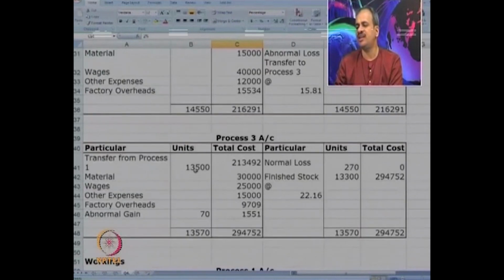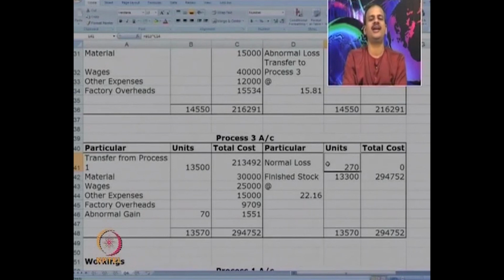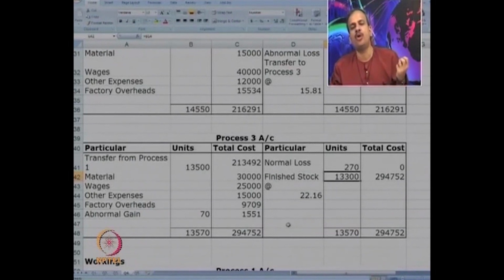So input here is 13,500. So 2% of 13,500, I get 270. Now you will observe that 13,500 minus 270 is the normal output, but actual output is more than this. Actual output is 13,300. So the difference should be treated as abnormal gain, which you can see here.